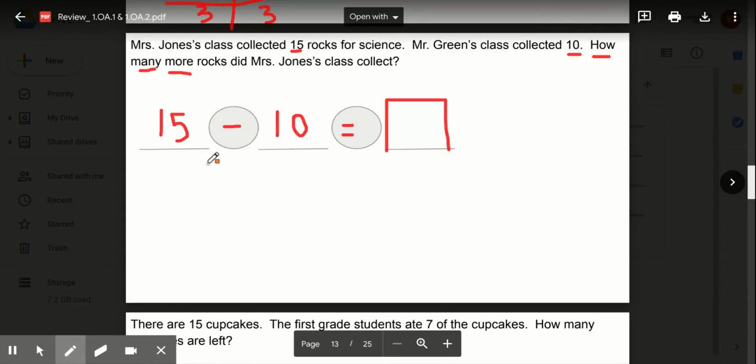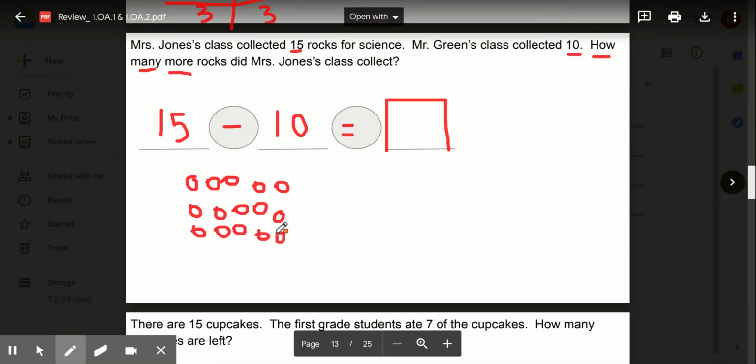Now to solve, I'm going to draw a picture. 1, 2, 3, 4, 5, 6, 7, 8, 9, 10, 11, 12, 13, 14, 15.